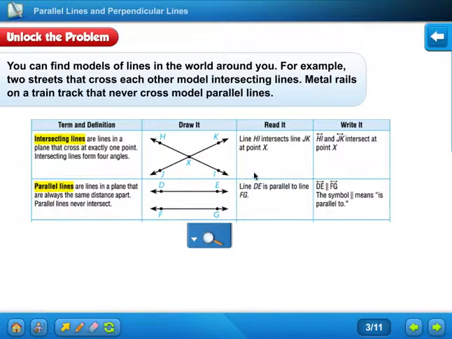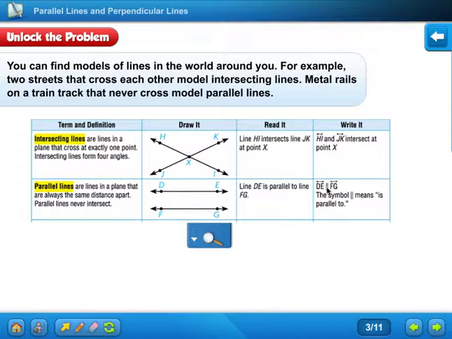So this one, you would read it, line DE is parallel to line FG. So this line is parallel to this line. They will never cross, they will never touch, they just keep going. Remember, they were talking up here like the railroad, the train tracks. All right, and this is how you write it. Remember, the line has arrows on both sides.